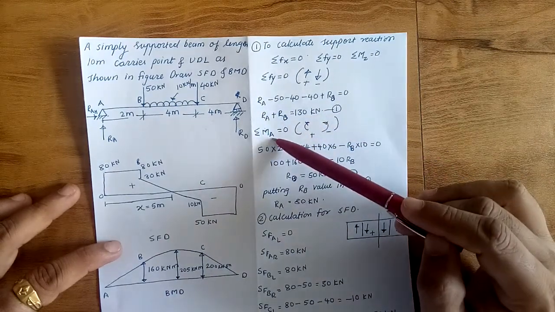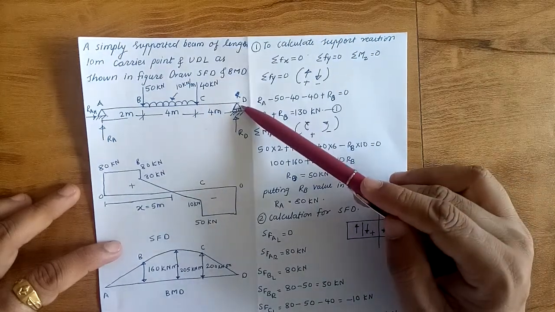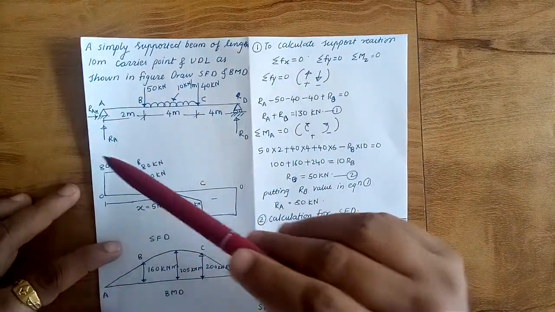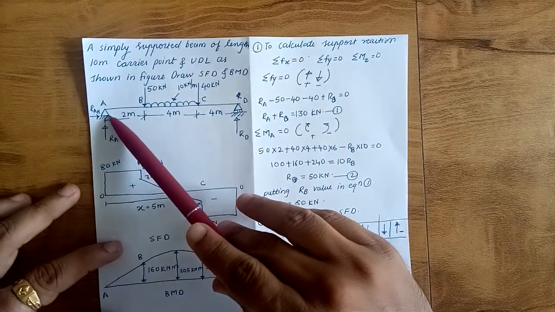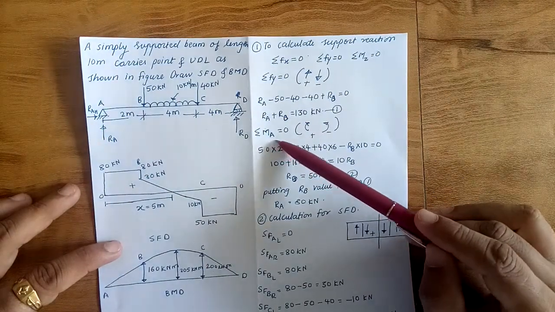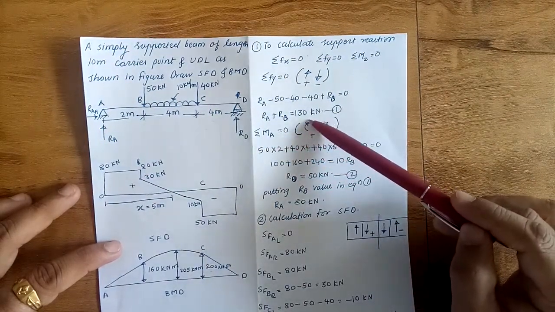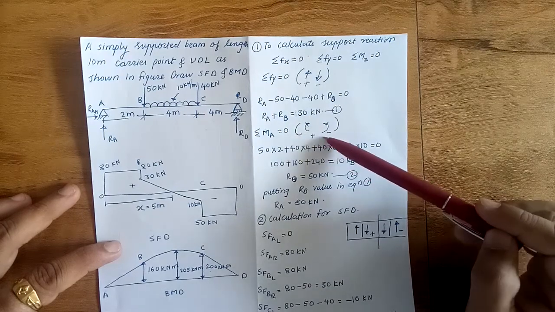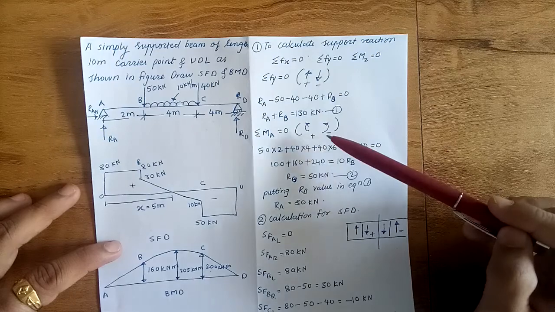Now to find the reaction at D, we take moment about point A. As it is a pin support, the bending moment there will be 0. So summation of moment at point A is equal to 0, with clockwise moment considered positive and anti-clockwise moment considered negative.